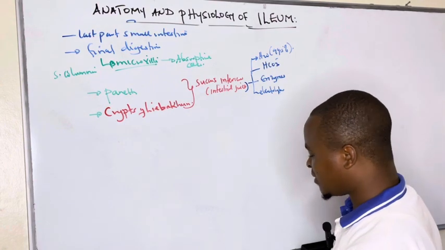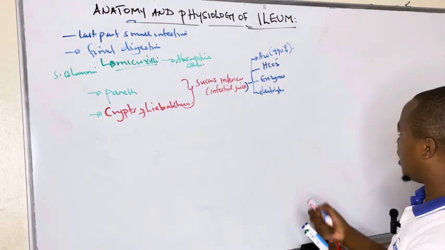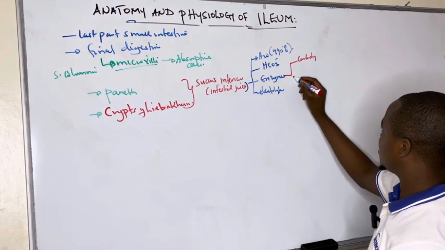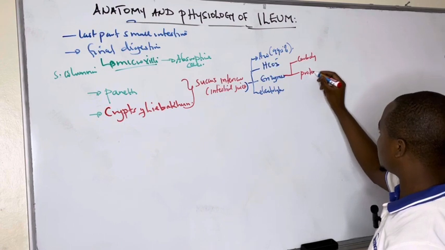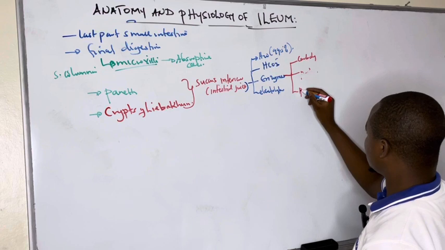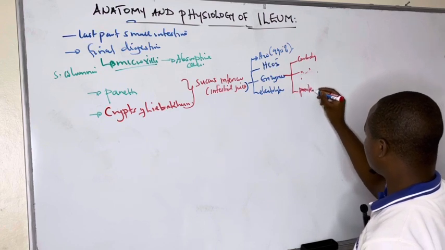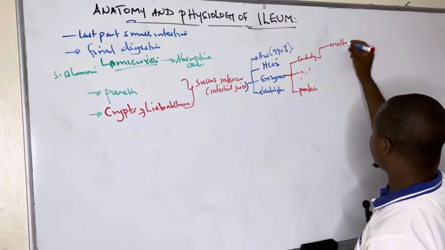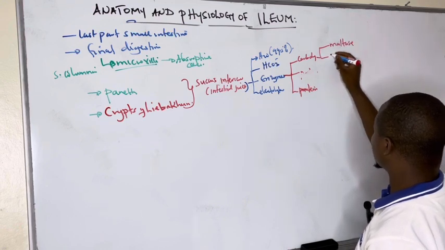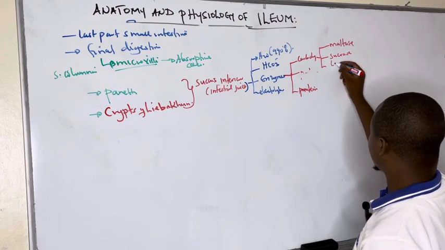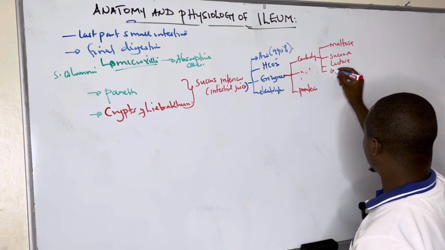So these enzymes, we have enzymes which work on the carbohydrates, and we have those which work on the proteins. Of the carbohydrates, we have those like maltase, we have sucrase, we have lactase, and dextrinase.